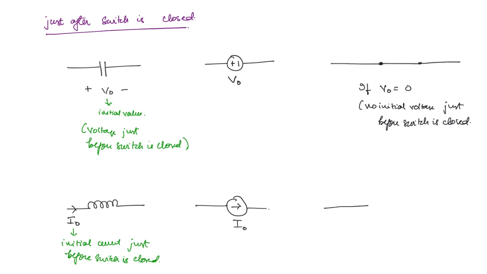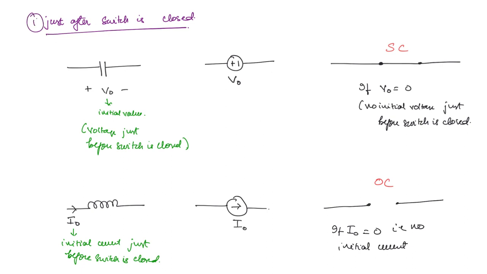Now, if there is no initial value, then it will behave like an open circuit. Here it is behaving like a short circuit and here it is behaving like an open circuit. So, if I naught is equal to 0, that is no initial current, this is just after the switch is closed.